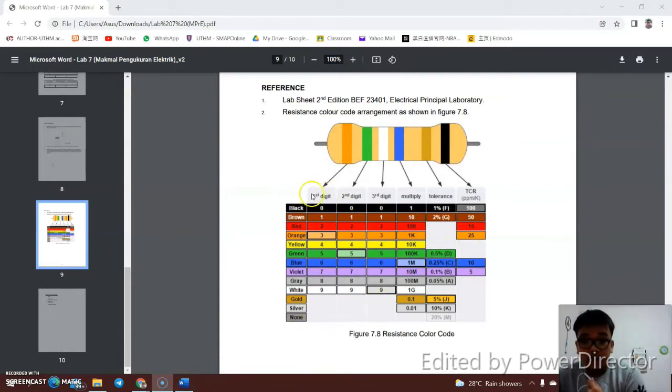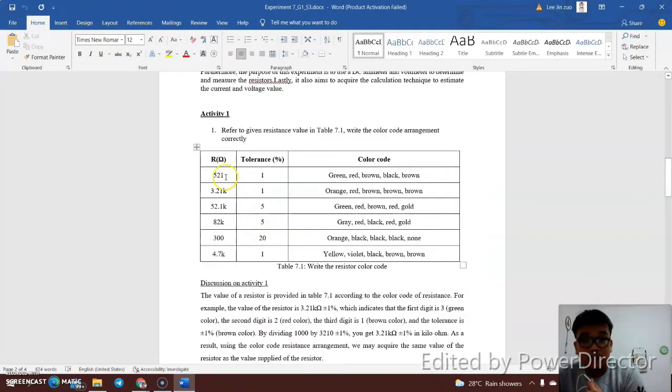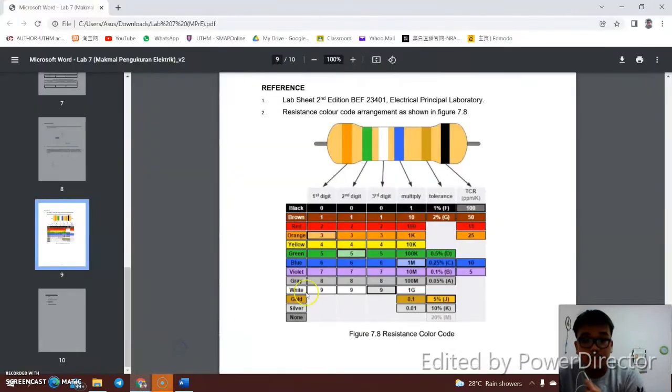After that, we look at the first digit. Let's take this one as an example, 82K. We change it to 82000 ohm, times 10 to the power of 3, which is 3 zeros here, ohm. And we can see the first digit should be 8. So we refer to the first digit, where is the 8. 8 is located here, which means the first is gray.